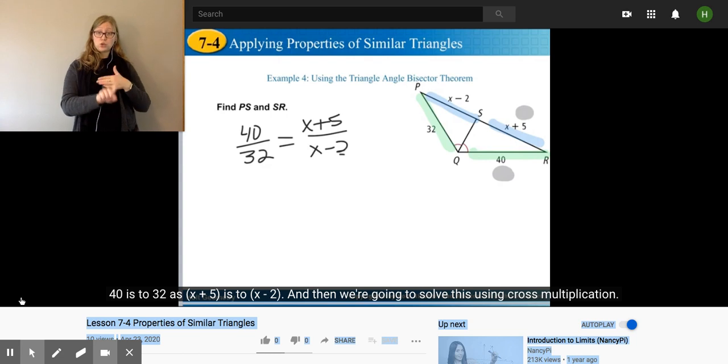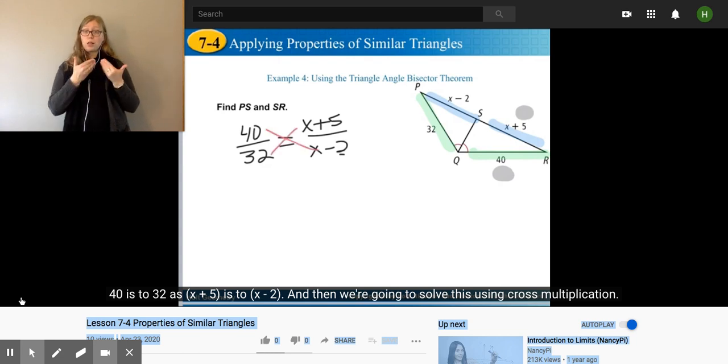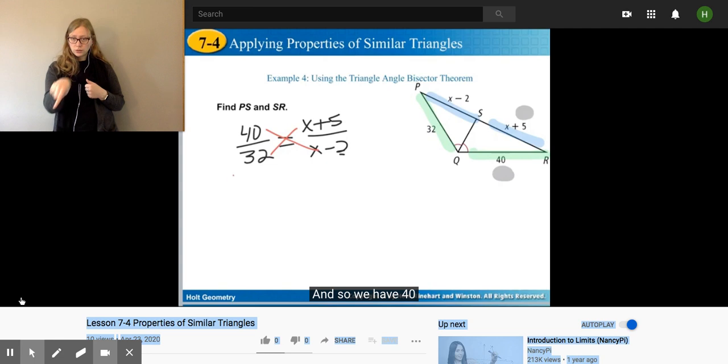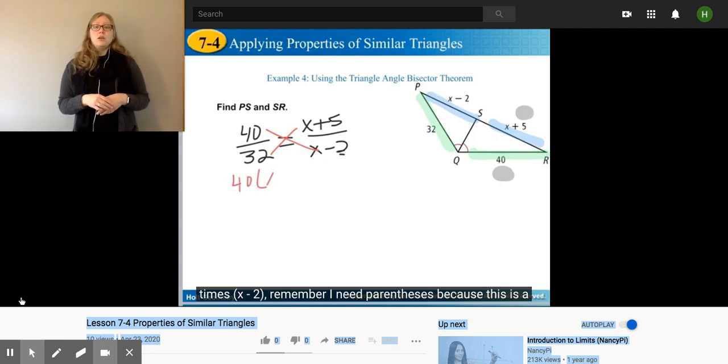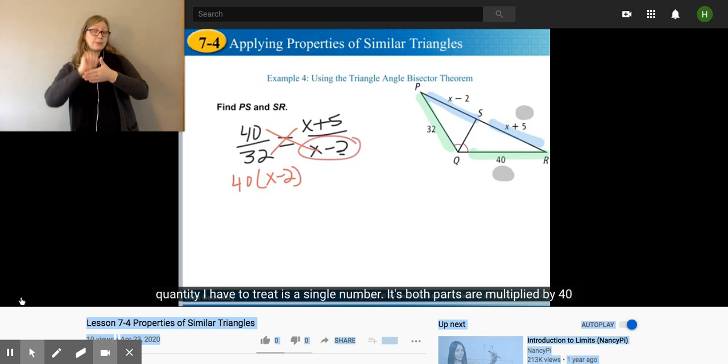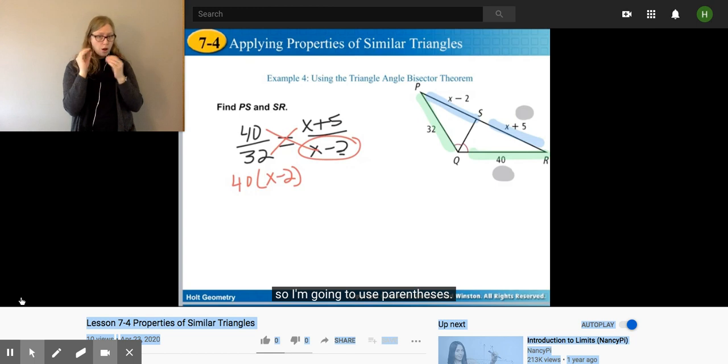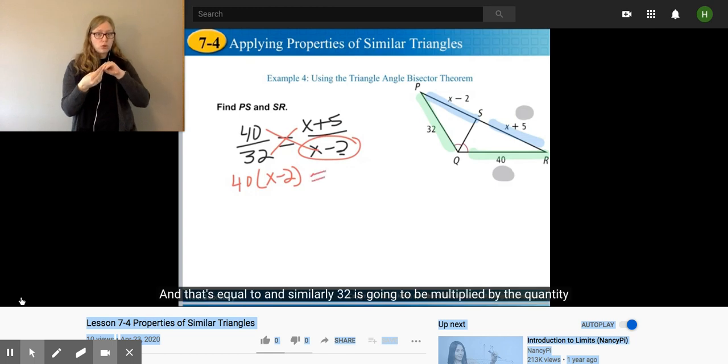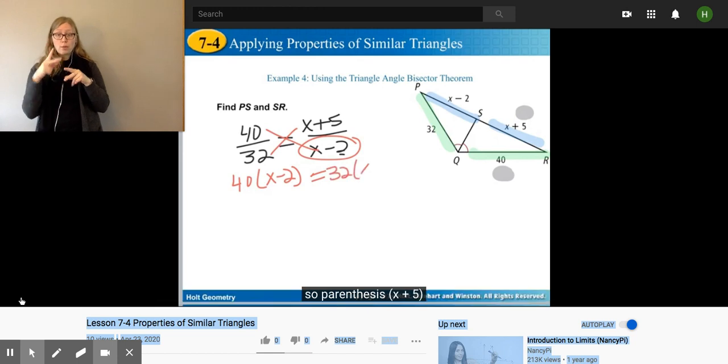Then we're going to solve this using cross multiplication. So we have 40 times x minus 2. Remember, I need parentheses because this is a quantity that I have to treat as a single number. Both parts are multiplied by 40, so I'm going to use parentheses. That's equal to, and similarly, 32 is going to be multiplied by the quantity, so parentheses, x plus 5.